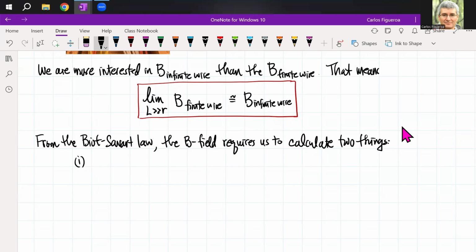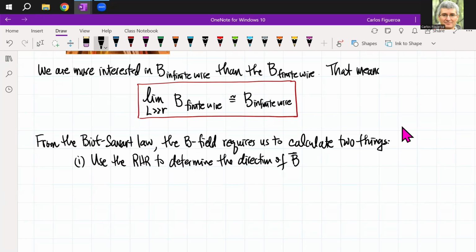The first one, which we've already done, is that we use the right-hand rule to determine the direction of B. So we always do that. Then we focus on the magnitude.